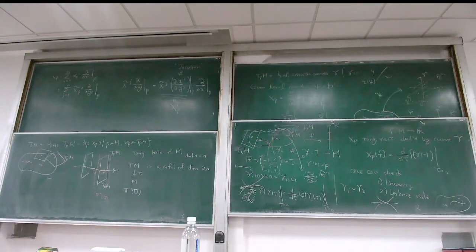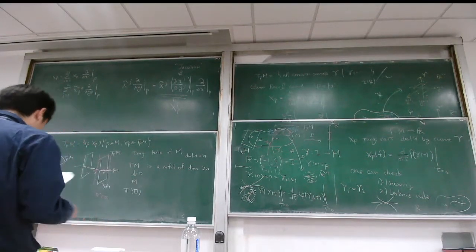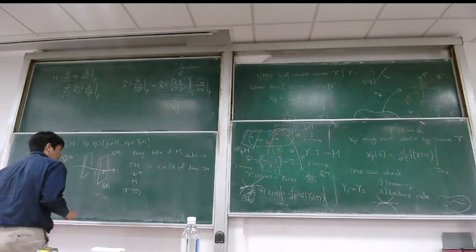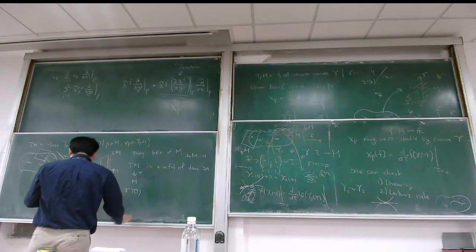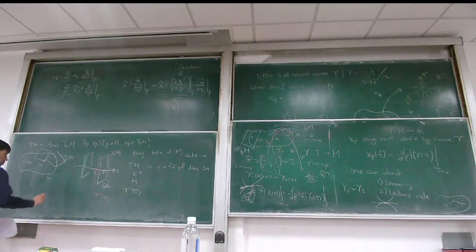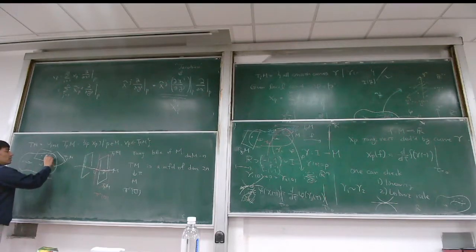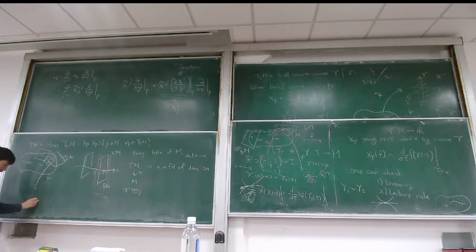You can put some topology and it's an open subset. So then one can just write down. What I did is, U here, and there is a map phi of U inside R^n. Okay, R^n.